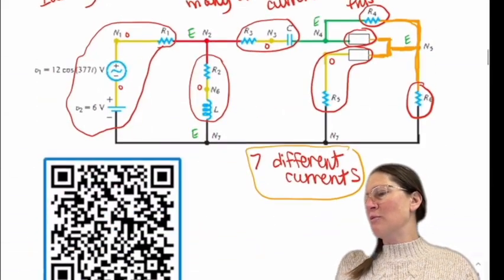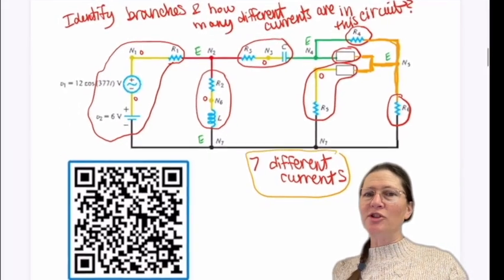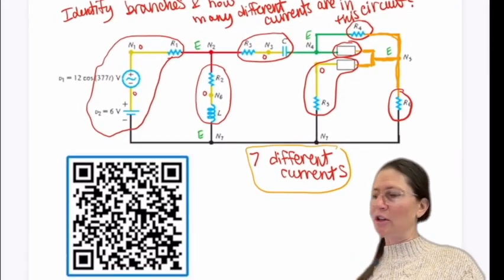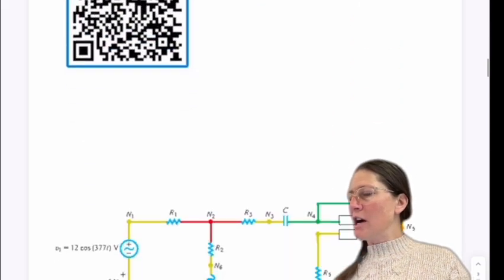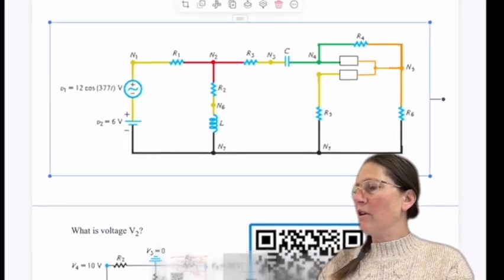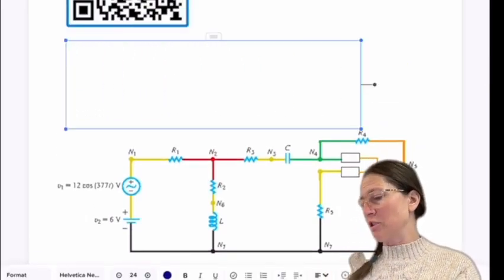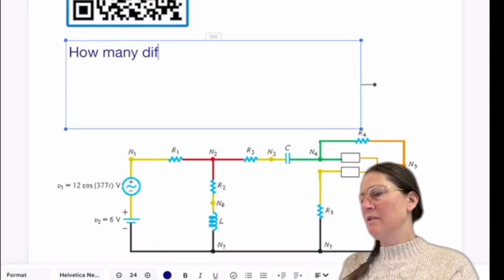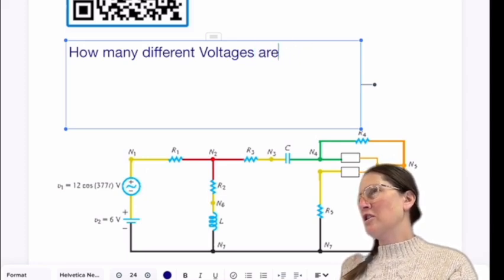All right, so last time we had talked about the different currents. We identified all these branches and then defined that there were 7 currents here. So now, on this one, how many different voltages are in this circuit?